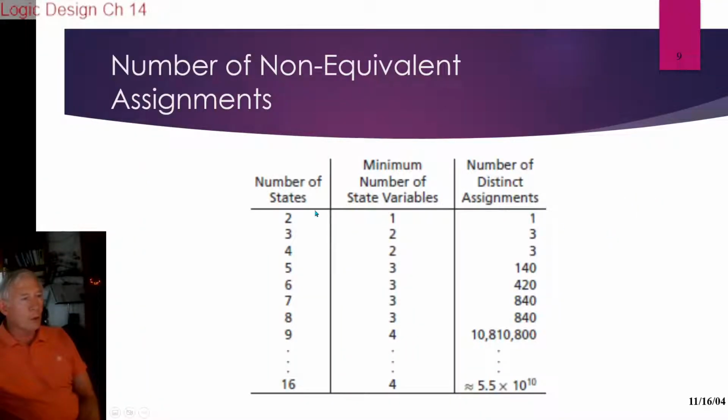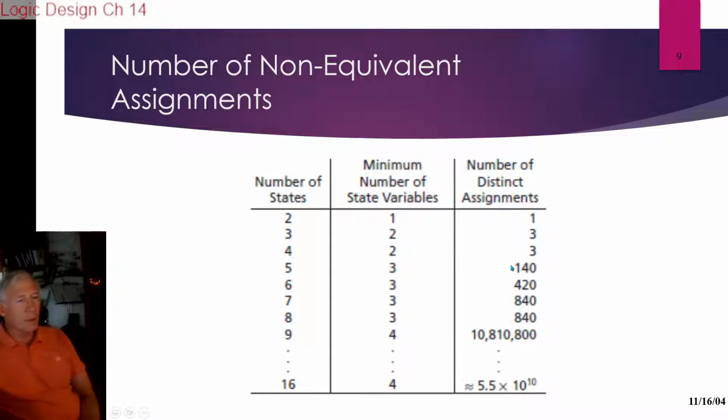If you'll notice, if we have 3 or 4 states, there are just 3 distinct assignments. Now remember, there are 24 total assignments. But of those, there's only really 3 different batches of hardware to concern ourselves with. In the case of 5 states, Lord knows how many actual assignments there are.